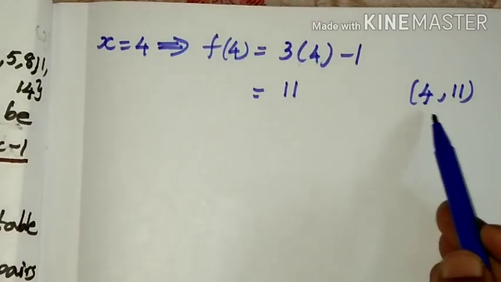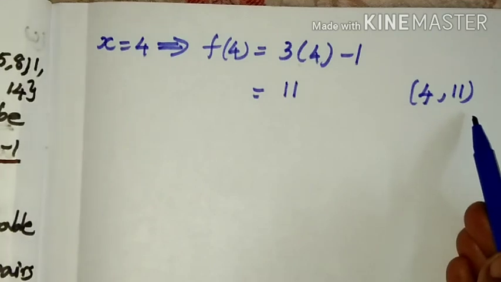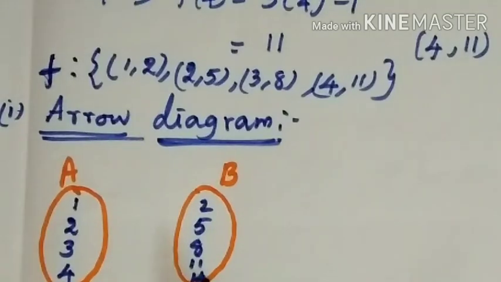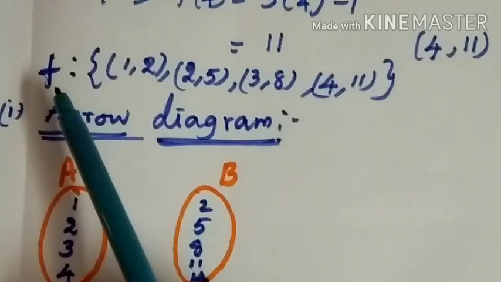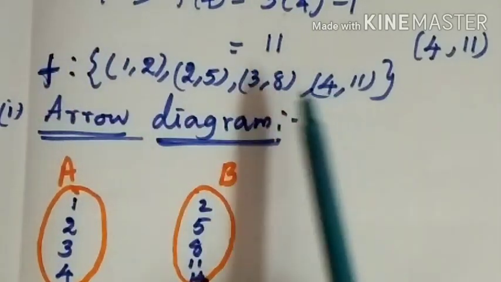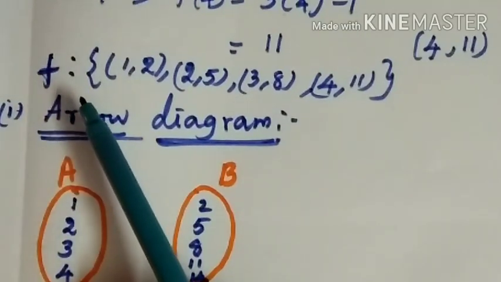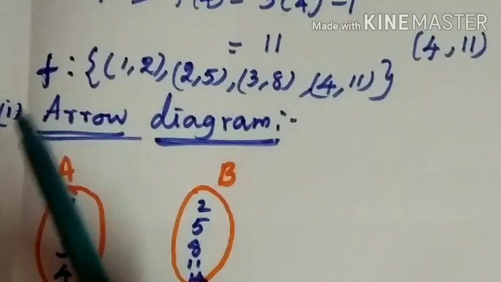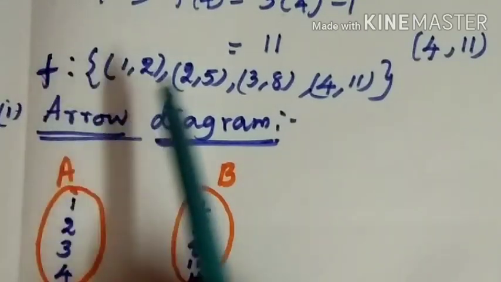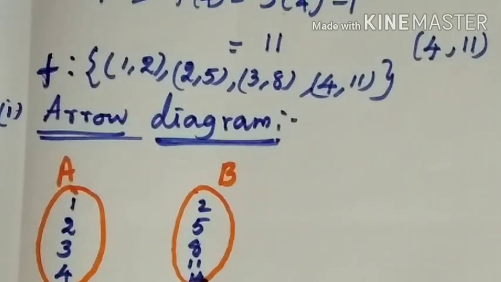Then the ordered pair 4, 11. Now you better write these ordered pairs together under F. Now you take down and write these ordered pairs, which makes it easy to represent the function in 4 ways.